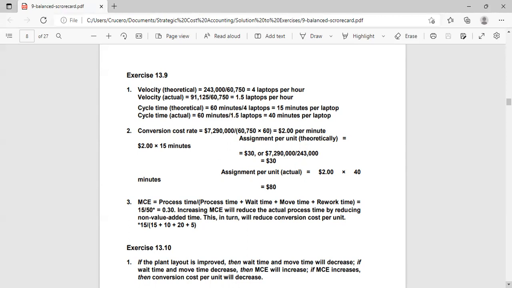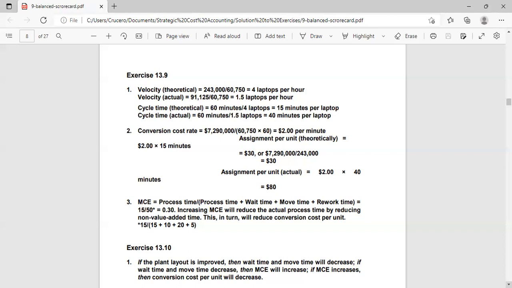So the cycle time theoretical is 60 minutes divided by 4 laptops, so they need 15 minutes per laptop.